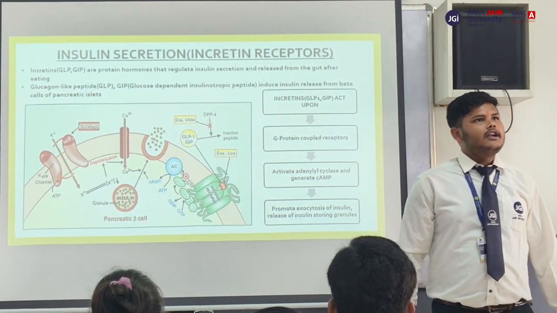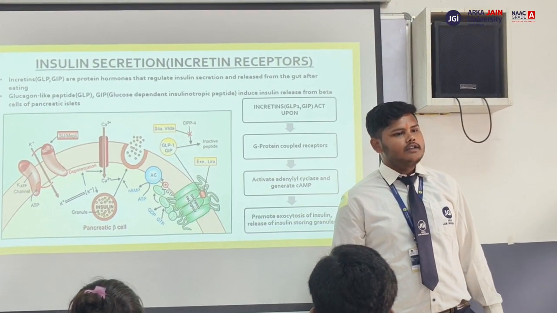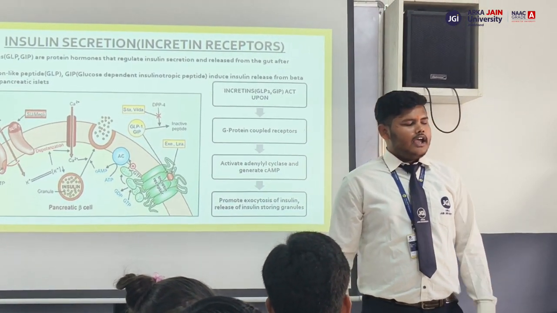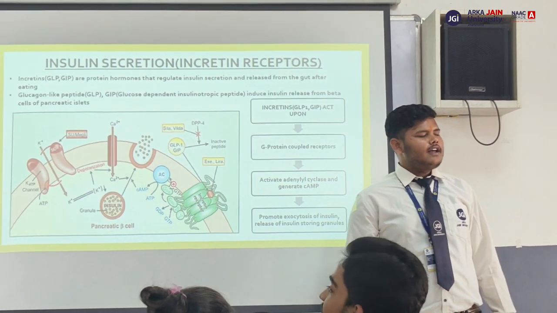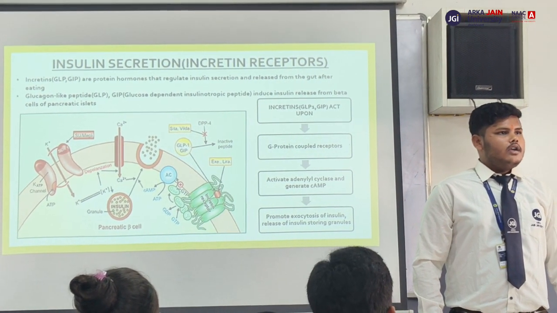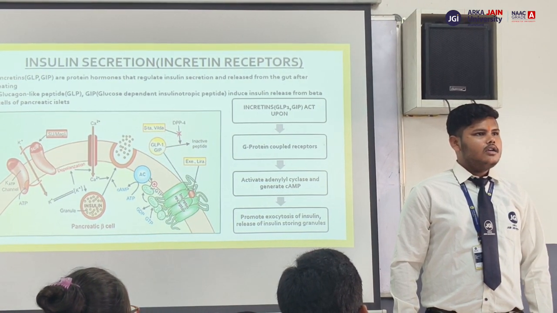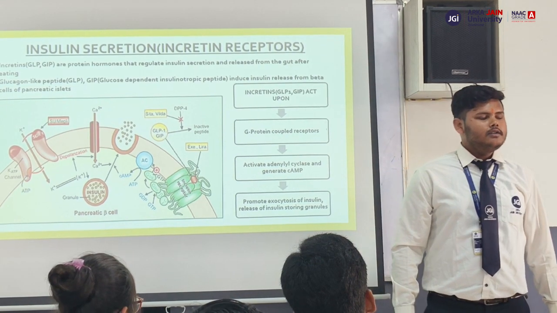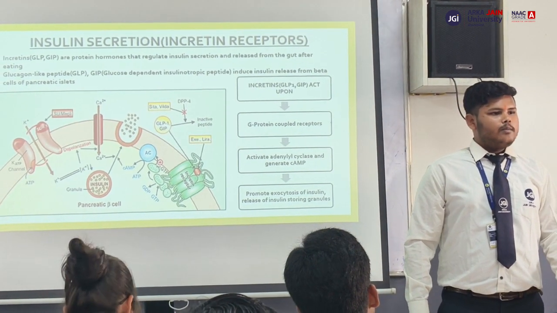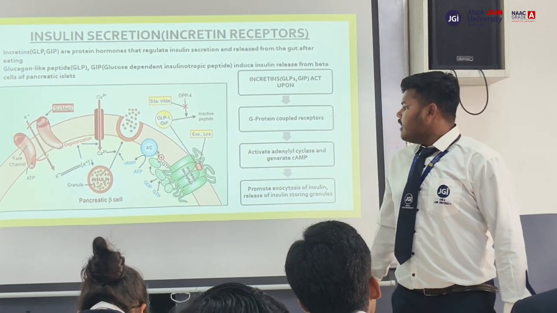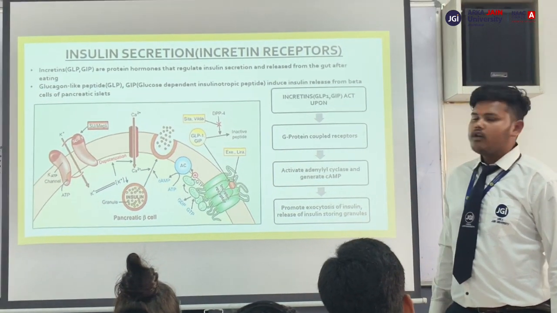And after that, as we know, a water soluble protein having G protein can activate adenylyl cyclase, and adenylyl cyclase converts ATP into cyclic adenosine monophosphate, and cyclic adenosine monophosphate activates protein kinase, and protein kinase helps in the release of insulin. And that is the overall process.